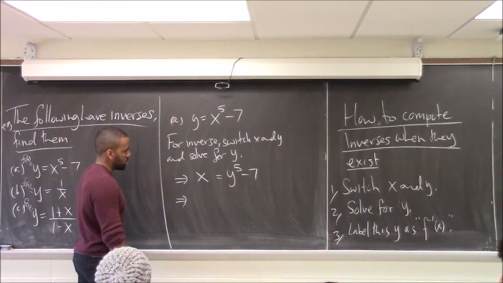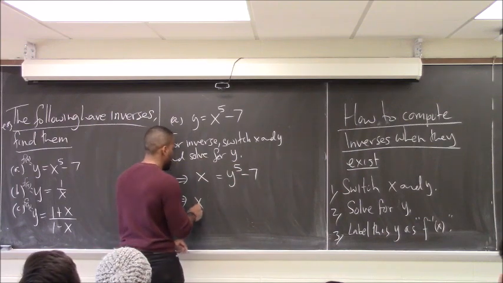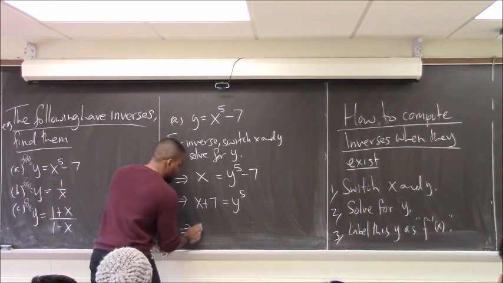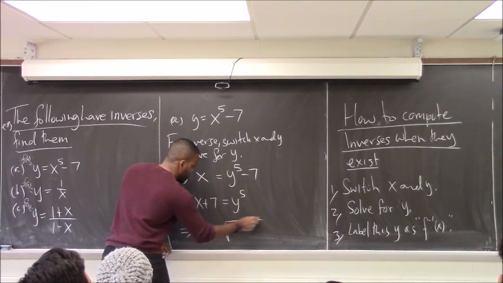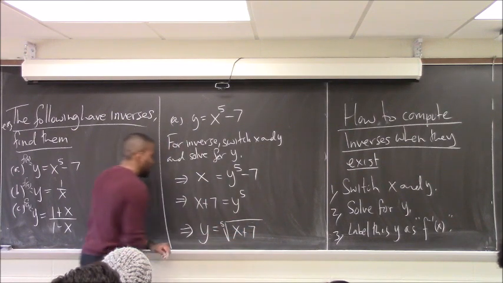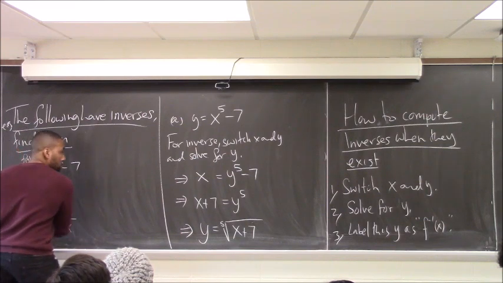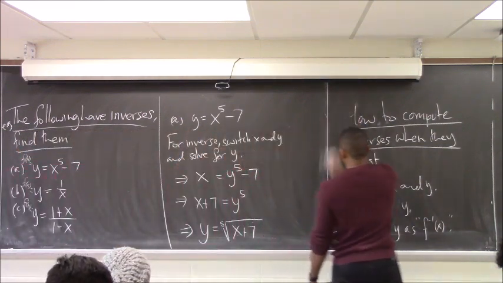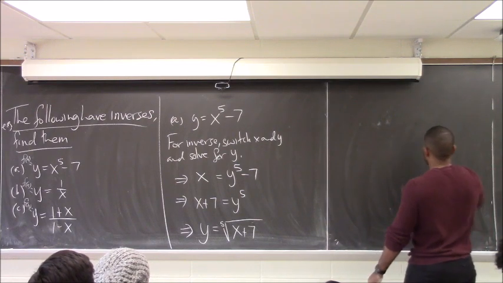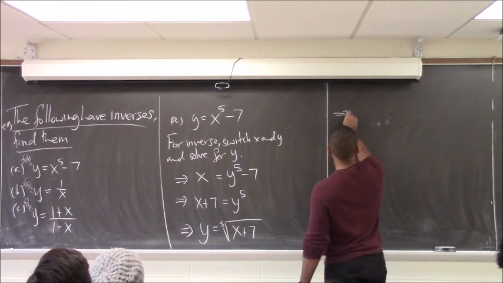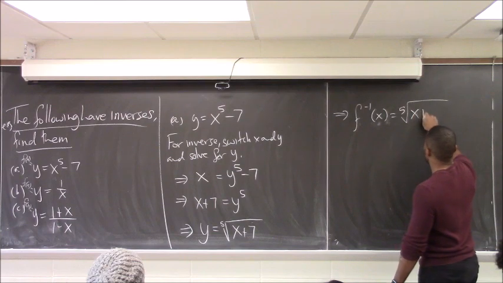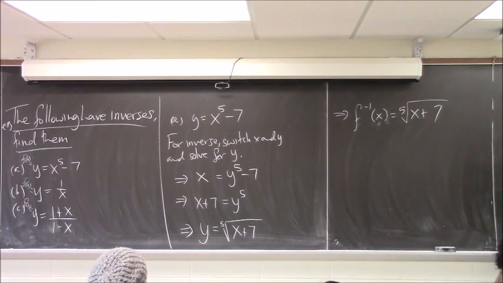We know how to solve equations already by now. We're going to isolate the y by adding 7 to both sides. And we can find y by taking the fifth root of both sides. Now this is an odd root, so I don't have to worry about the plus or minus. So our inverse function is the fifth root of x plus 7. That's our inverse function.